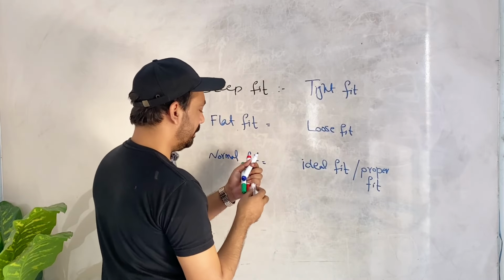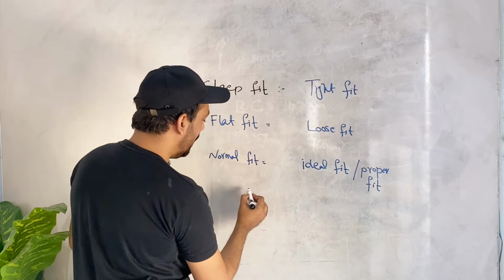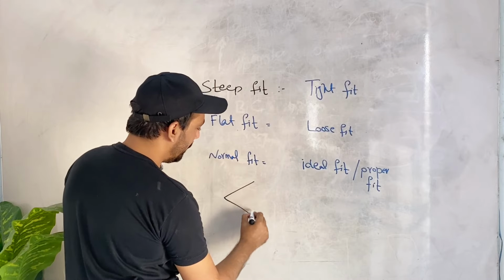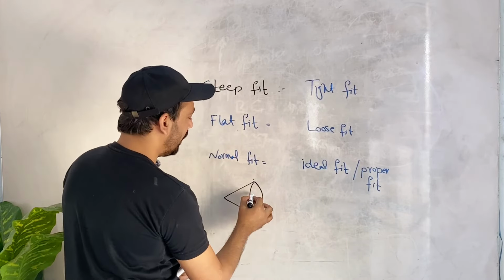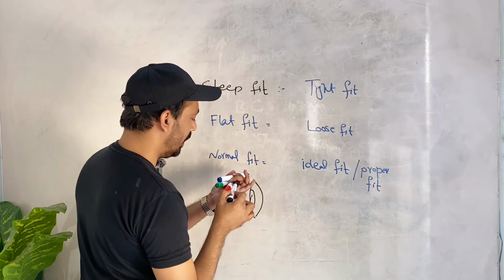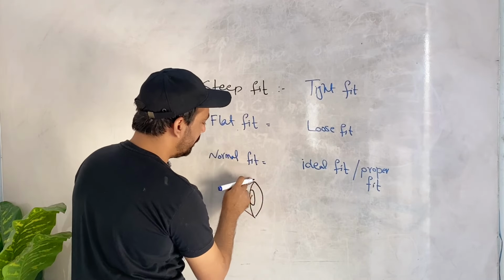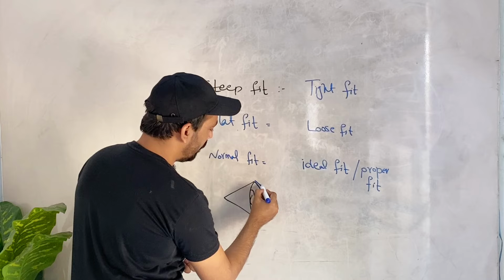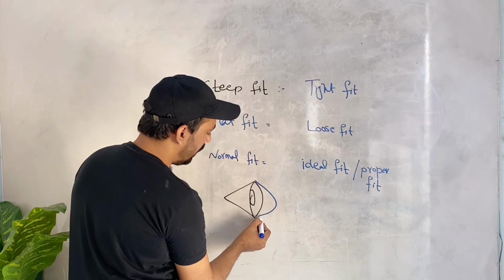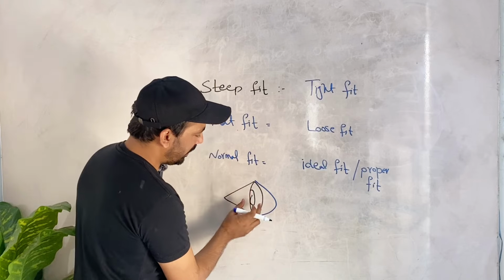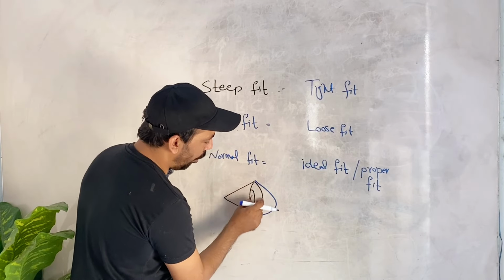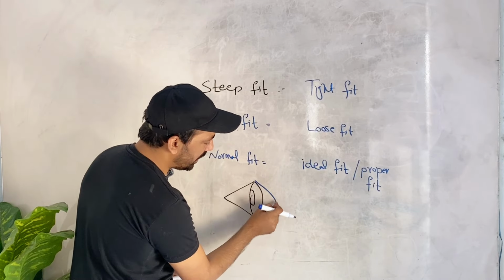So remember what the steep fit actually is. For example, if this is the eye, this is the lateral view of the eye, right? And if the contact lens is like this. For example, this is the cornea, and the blue is the contact lens.